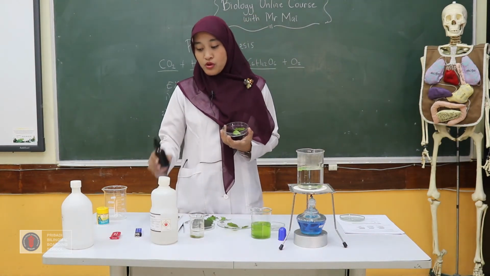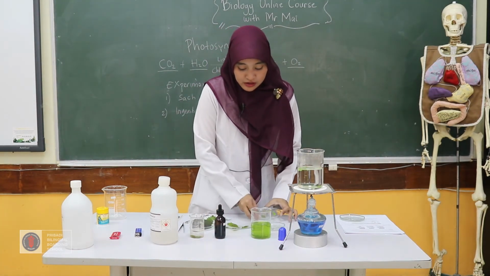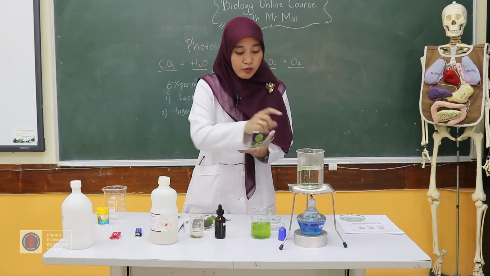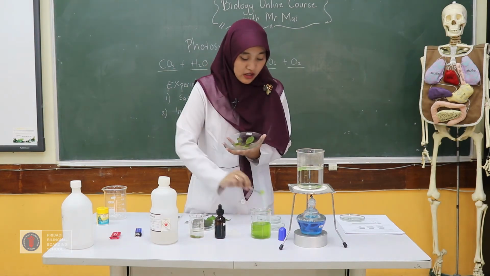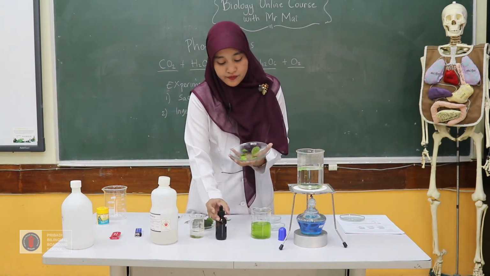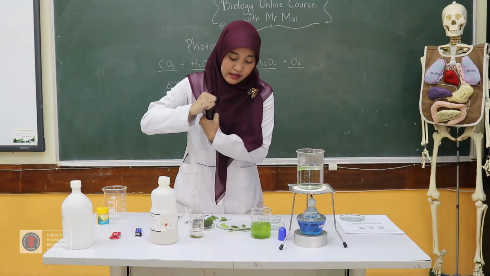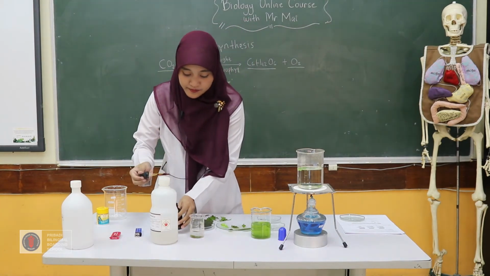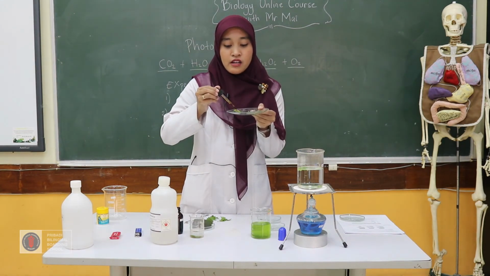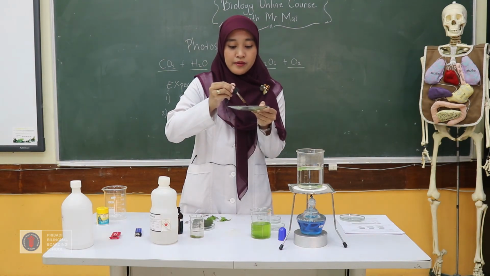The indicator of glucose is Lugol. So here I have the leaf that was covered with the carbon paper, and also the leaf that was not covered with the carbon paper. I put the Lugol on the leaf that was covered with the carbon paper, and then on the leaf that was not covered.